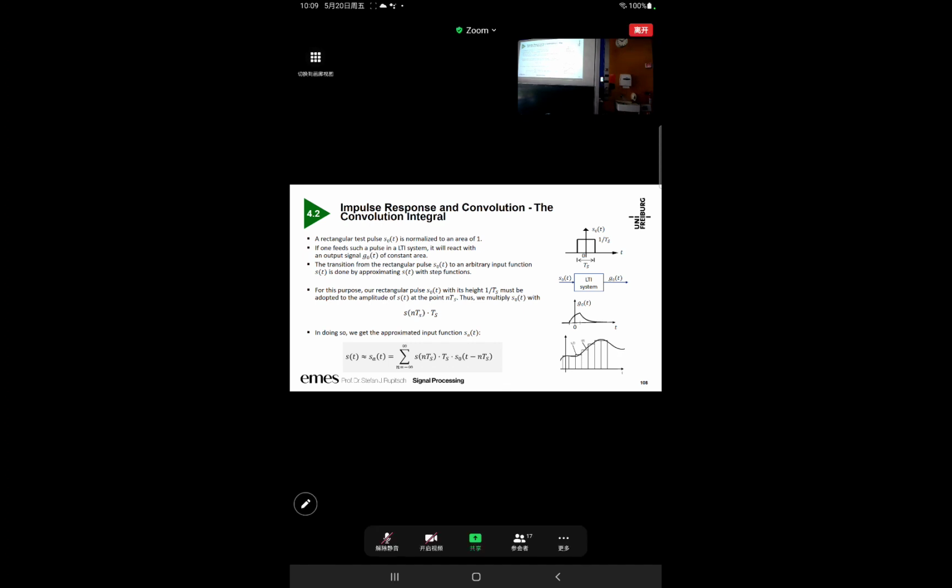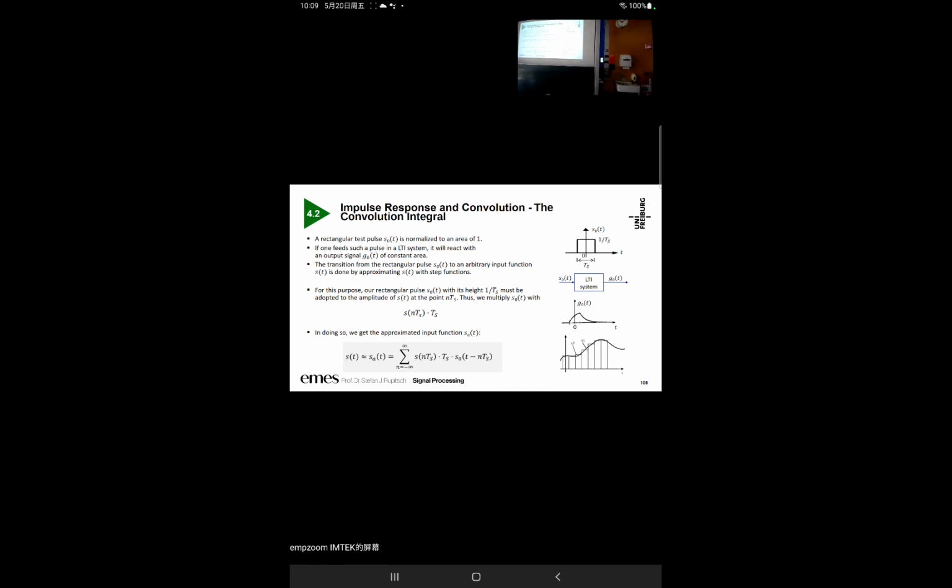If we reduce the duration of this pulse, then the height of the pulse has to be increased. Otherwise, we cannot ensure this area 1. Therefore, if we have the length here, the time domain of Ts, then the pulse has to feature a height of 1 divided by Ts.